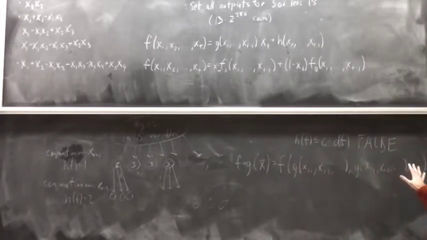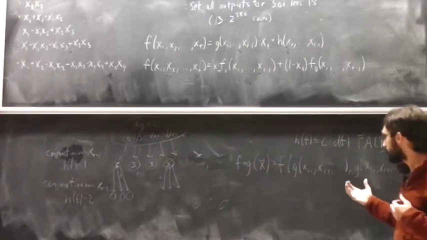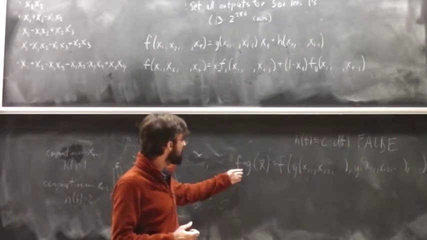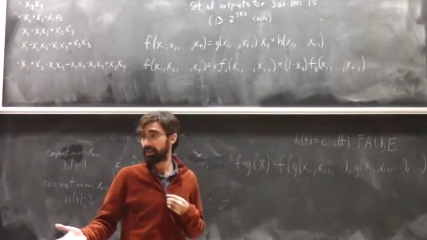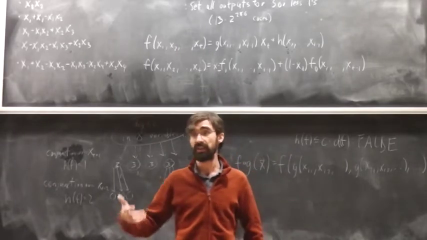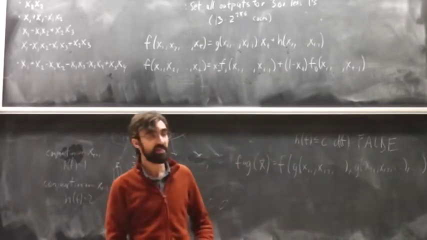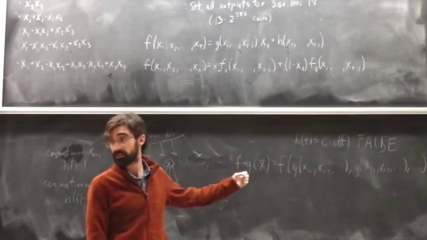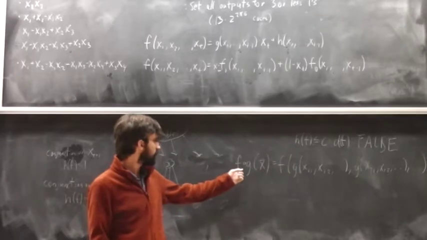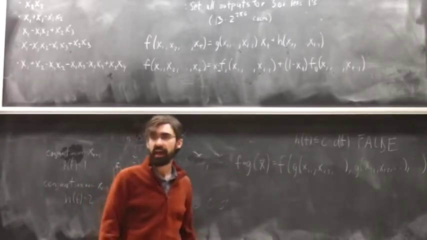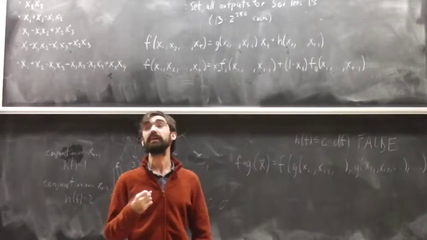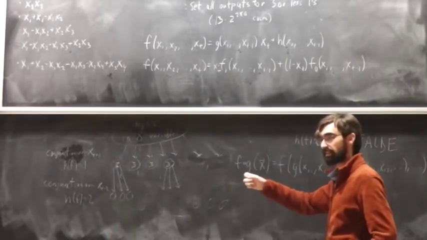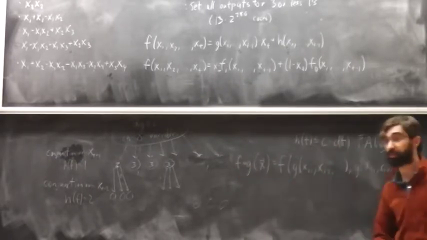If f is in n variables and g is in m variables, then this composition is a Boolean function in m times n variables, and they'll all continue to be relevant. In addition, the degree of this composition is equal to the degree of f times the degree of g, and the maxonomial hitting set size is equal to the maxonomial hitting set size of f times that of g.